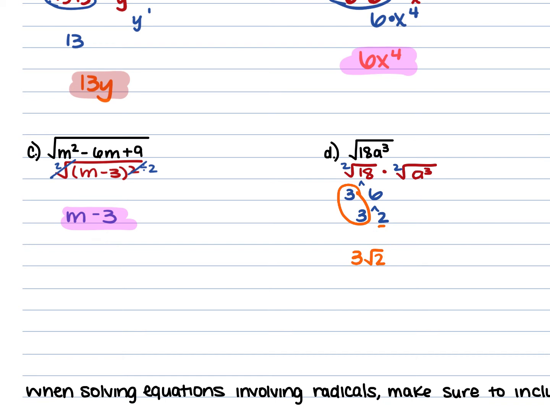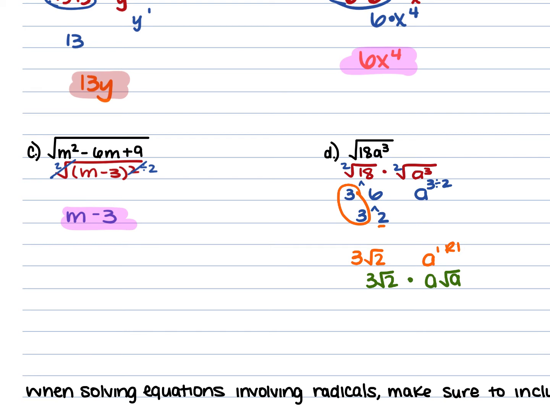For that a cubed, we're going to divide that 3 by our index, which is 2. This gives us a to the first power with a remainder of 1. That remainder of 1 is going to stay underneath the radical. So this is the same thing as saying a square root a. We're going to multiply this by 3 square root 2.